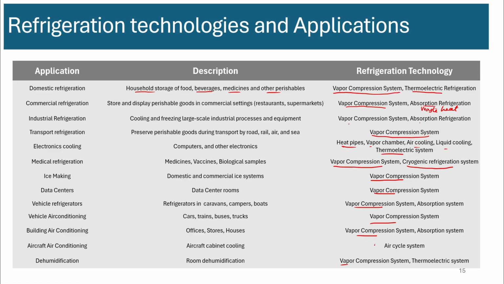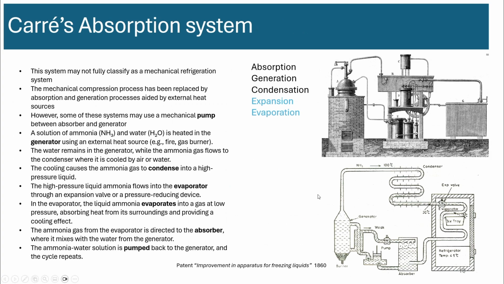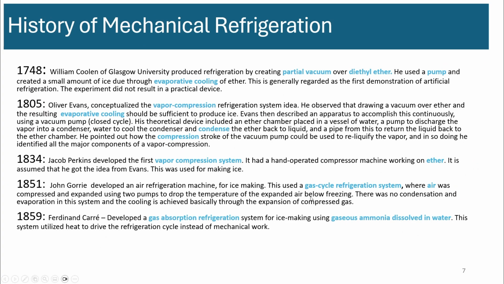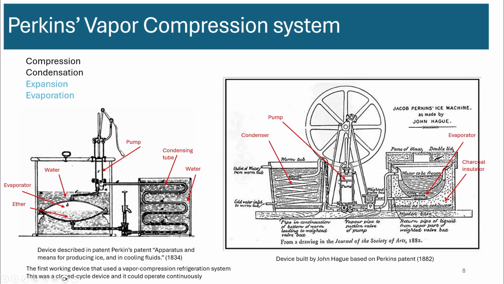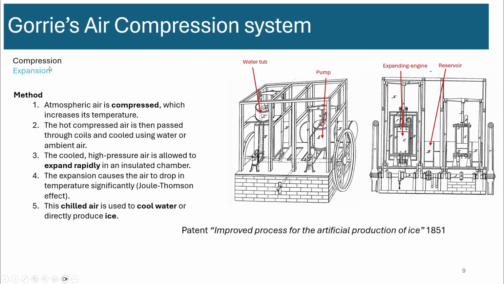This is similar to the system that was developed in the 1850s, the gas cycle refrigeration system. So aircraft refrigeration is based on this. In this case, there is no evaporation; it's compression and expansion of air.